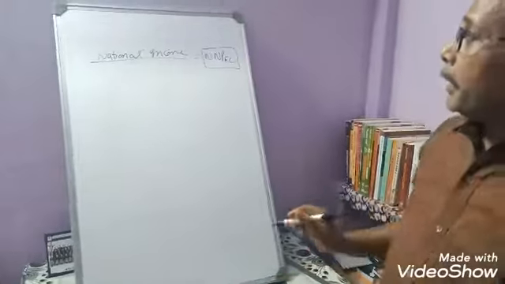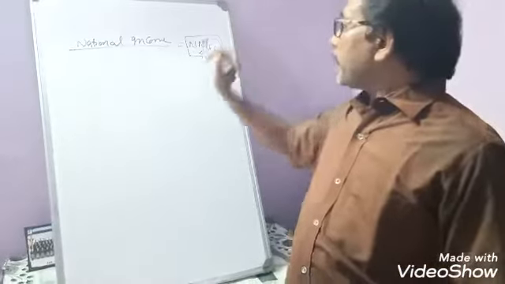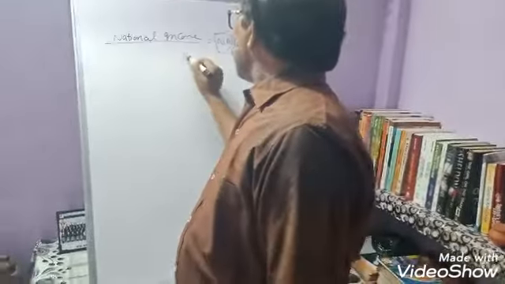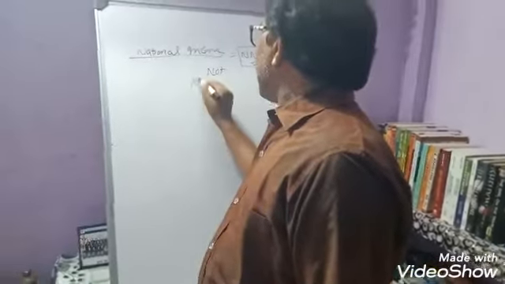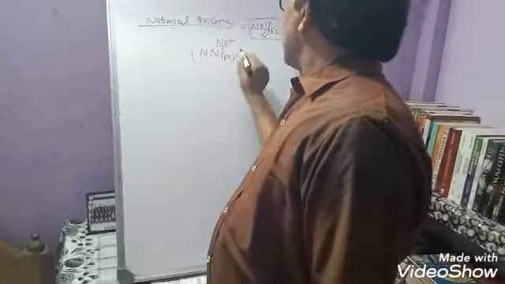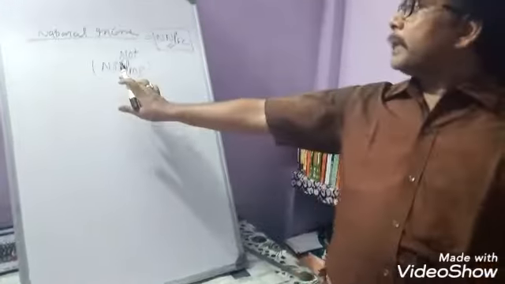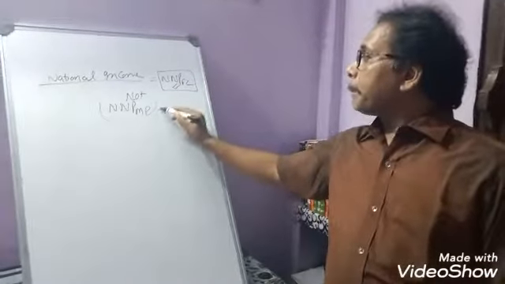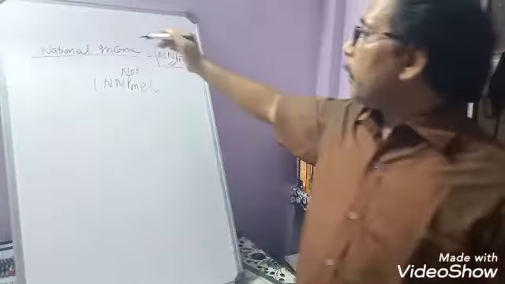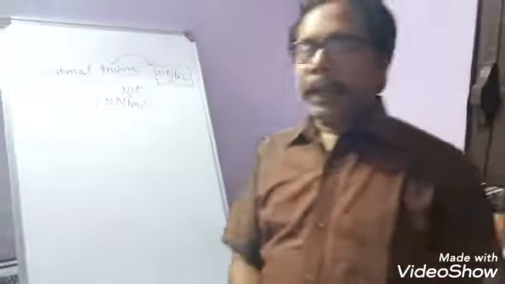So always remember, calculate national income means we have to calculate NNP FC, not NNP MP. NNP MP is not the national income. It is also considered as national income, that is the national income at market price. So always, calculate national income means NNP FC. Okay? Thank you.